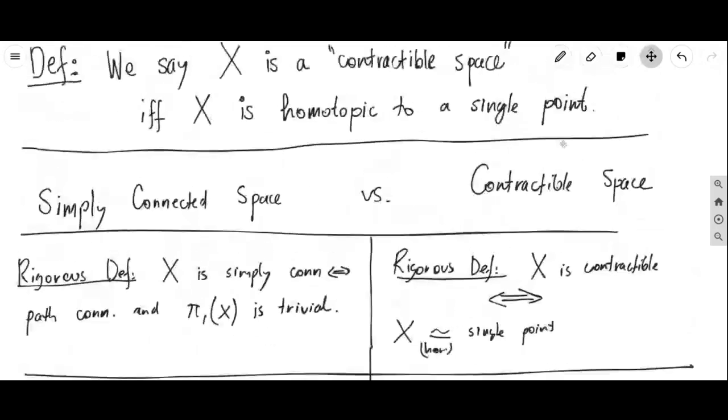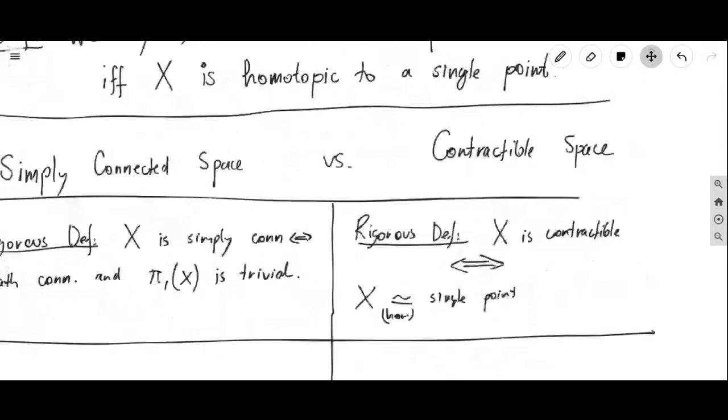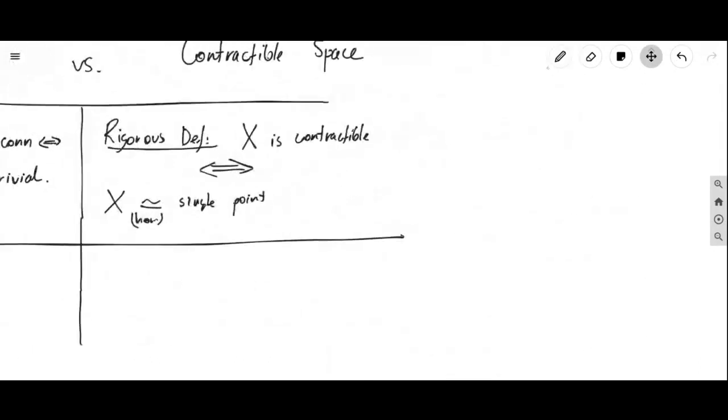Now, if a space is contractible, it has to be simply connected. The reason is the main theorem that we mentioned. The fundamental group of X would then be the fundamental group of a single point, which is trivial. So if a space is contractible, the fundamental group will automatically be trivial.